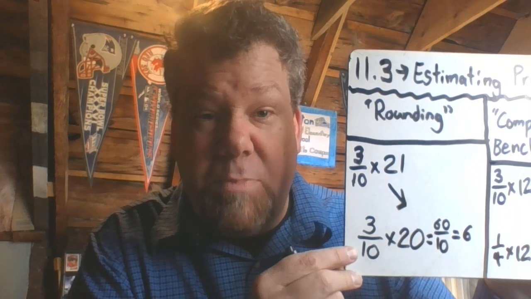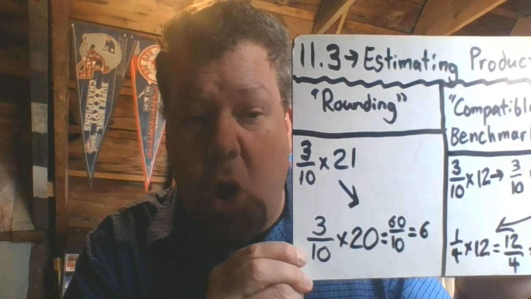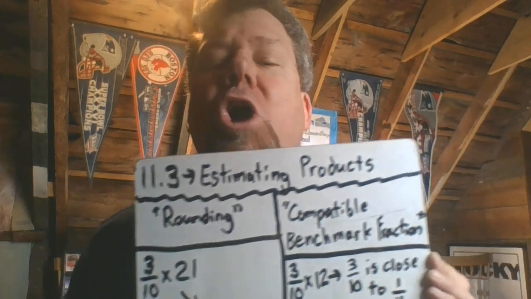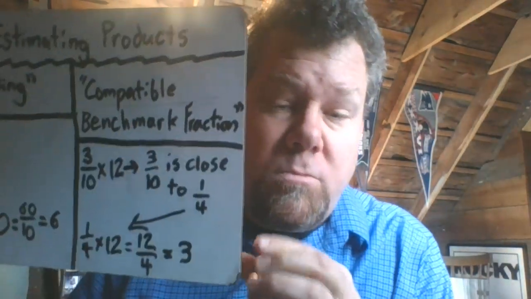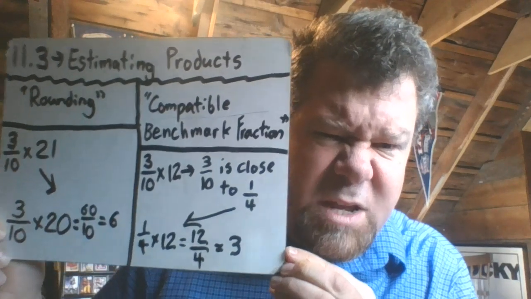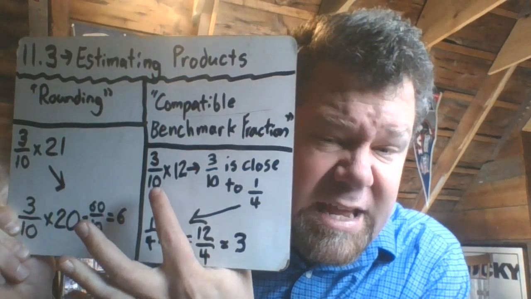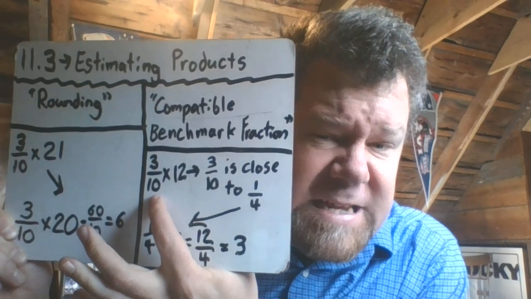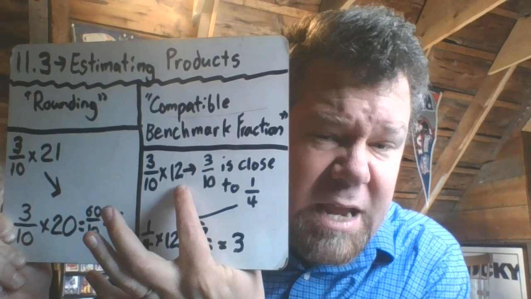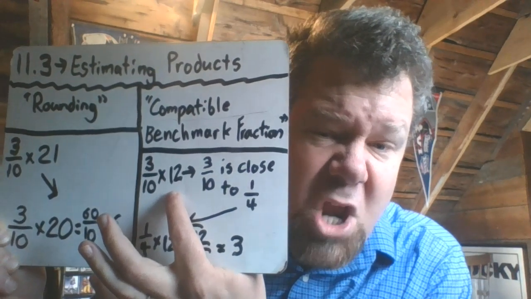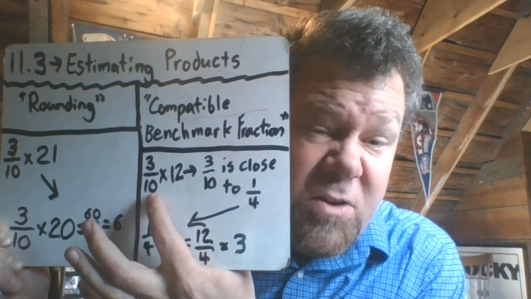However, I must apologize because now we are going to go on to something called compatible benchmark fractions. So what are compatible benchmark fractions? Well, in the case that you're looking at your denominator and asking, can it fit into my other factor? Can 10 fit into 12? No, it cannot. Well, let's look at other multiples of 10.